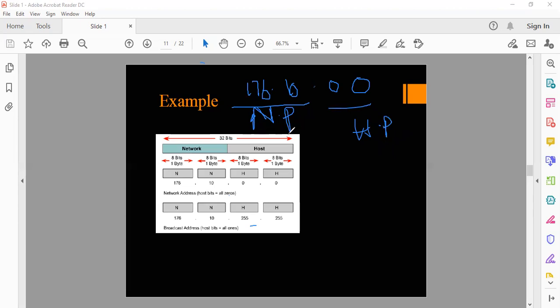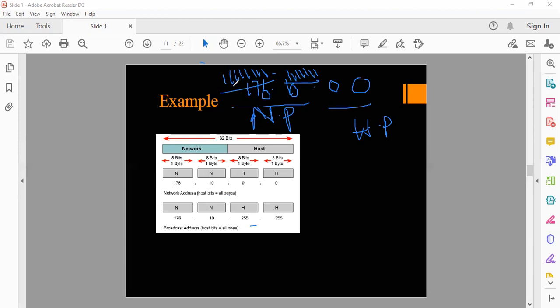in the network portion, all bits, meaning all octet values, will be 1s: 1 2 3 4 5 6 7 and 8. The network portion, all octets will be 1s.